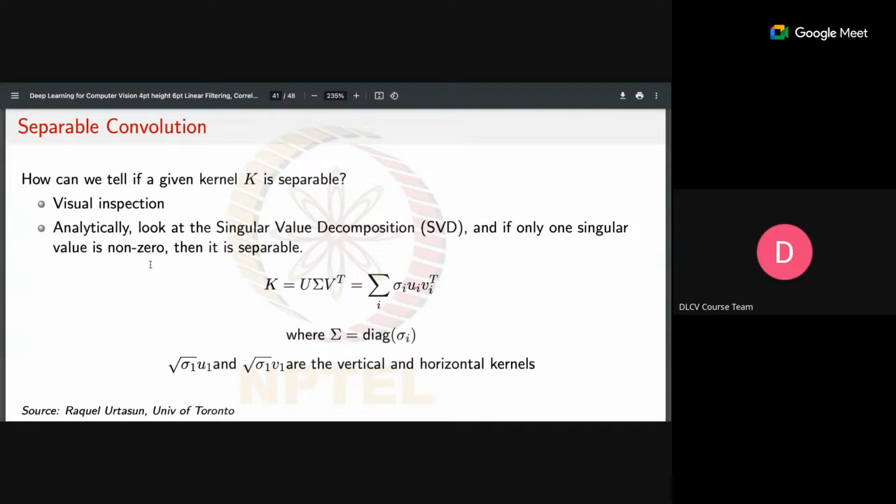Singular value means the square root of your eigenvalue, so that also gives you a way to find rank. Only one eigenvalue is non-zero, which means it's a rank 1 matrix, and you can say that this kernel is separable. Is that fine?